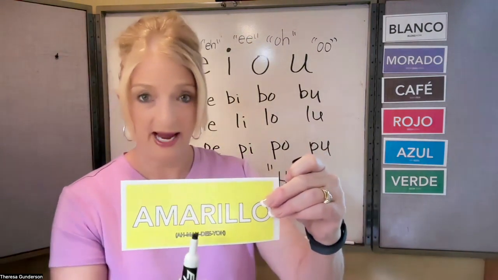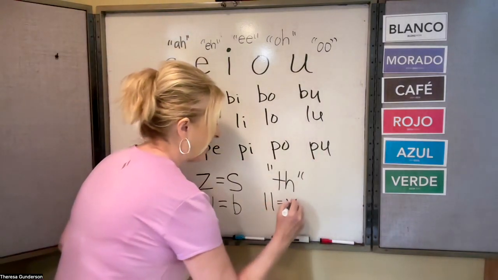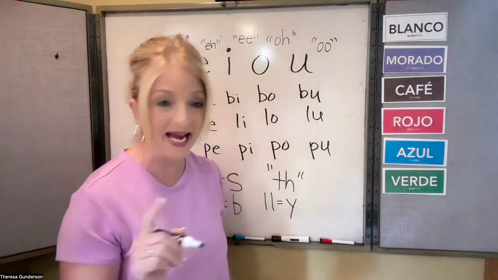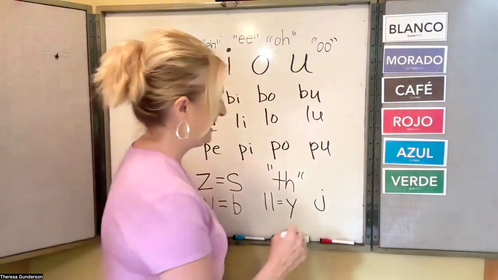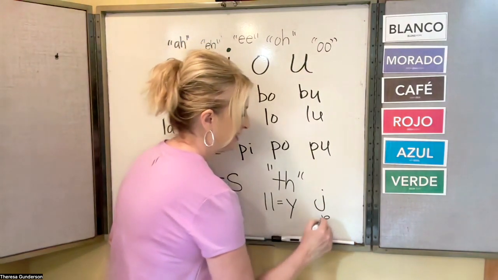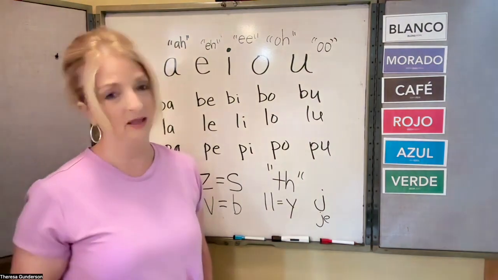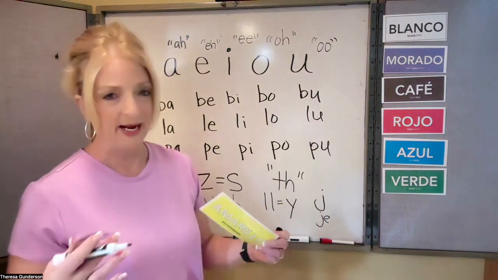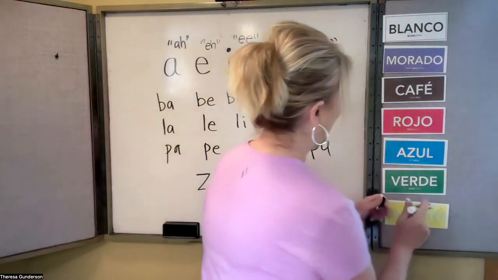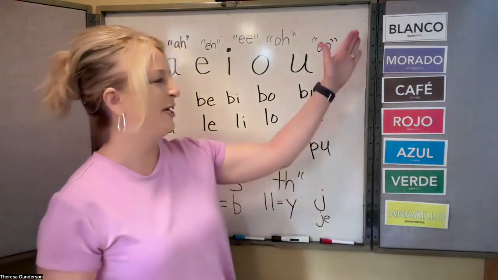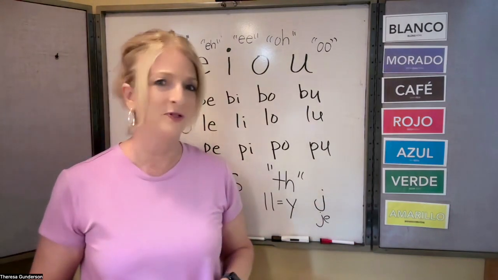Whenever you see a double L in Spanish, a double L has a Y sound, except in Spain, it has a J sound, or in Argentina, it has a kind of a Z sound, almost like a French sound. But for simplicity, we're going to do the double L like a Y sound, like in Mexico and most South American countries. Okay, I taught you those three letters because you're going to hear me say them when we practice the colors. And I wanted you to feel comfortable with those sounds.